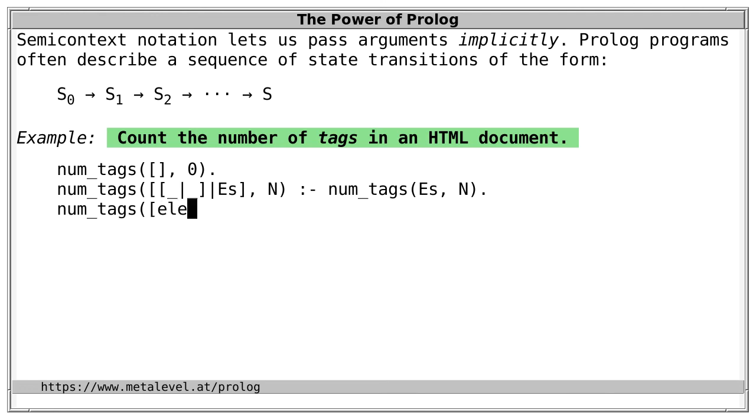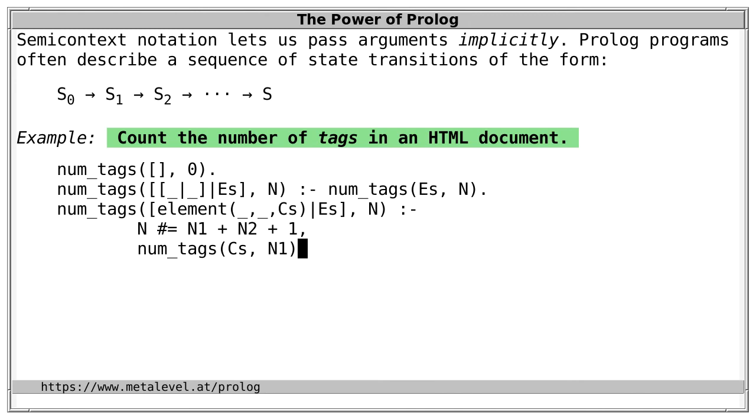And finally, if the first element is an element term of the mentioned shape, that is name, attributes, and children, with possibly remaining elements Es, then the number N of tags is the arithmetic sum of N1, the number of tags in the element's children, N2, the number of tags in the remaining elements Es, plus 1 for the tag that's currently under consideration. So that's one way to define this relation.